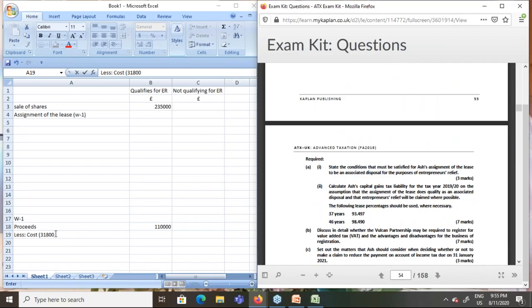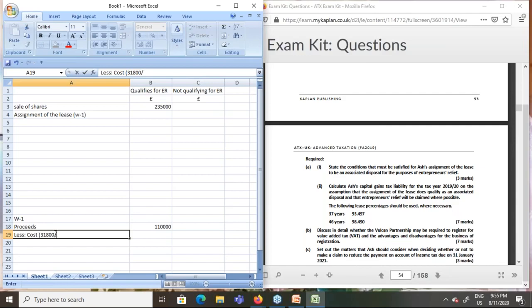So cost is 31,800, but when it had a life of 46 years, so you divide it by 98.490. Now we want to find out the cost when it has a lifespan of 37 years. So you multiply it by 93.497.